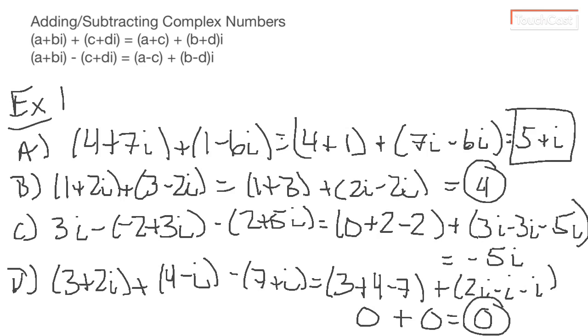The next operation we're going to look at is multiplying complex numbers. So when we multiply complex numbers, all we're going to do is FOIL it. We're going to treat it like we're multiplying two binomials.